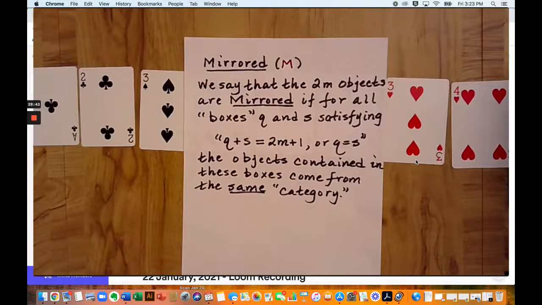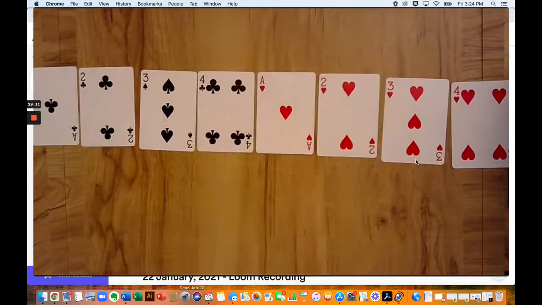Now, if you remember, the category that we set up for the 2-cycle structures was that the cards of interest needed to have the same value. So an ace is related to an ace, a 2 is related to a 2, and so forth.